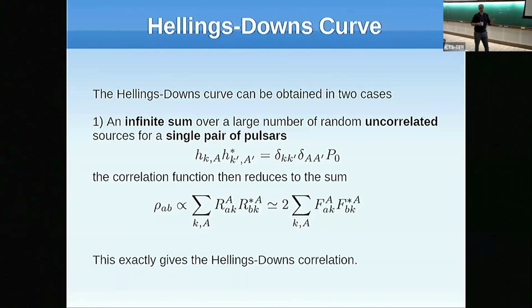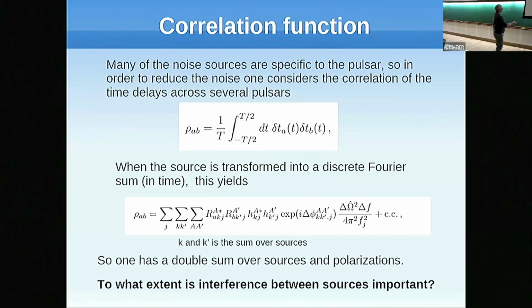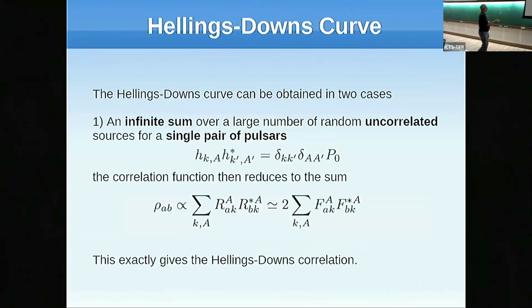So assume you have a lot of sources, many sources on the sky. You neglect interference, which means that this product becomes actually a delta function, and these double sums become sums over k and a. Okay? So if you use this information, then you will find that the cross correlation is proportional to single sums over k and a of these response functions.